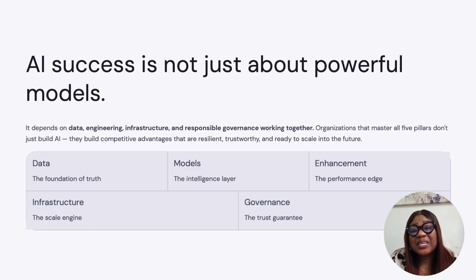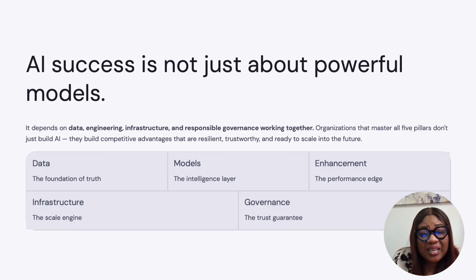On a final note, the key takeaway from this lecture is that AI is not just powerful models. It depends on the data quality, the engineering techniques, the infrastructure, and the responsible governance working together.